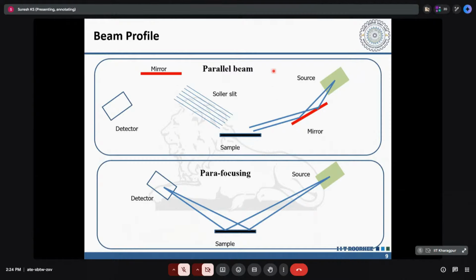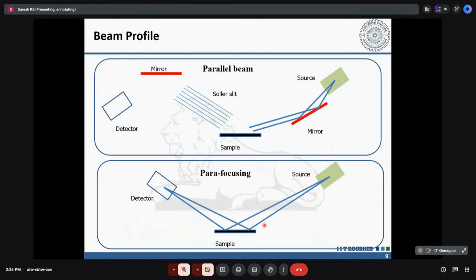Parallel beam is more useful for the case of thin films, as well as where you need very precise lattice parameter or peak position. For heavily deformed samples, parafocusing would provide a better way simply because deformed samples will not have the unit cell arrangement in the same fashion everywhere in the grain.